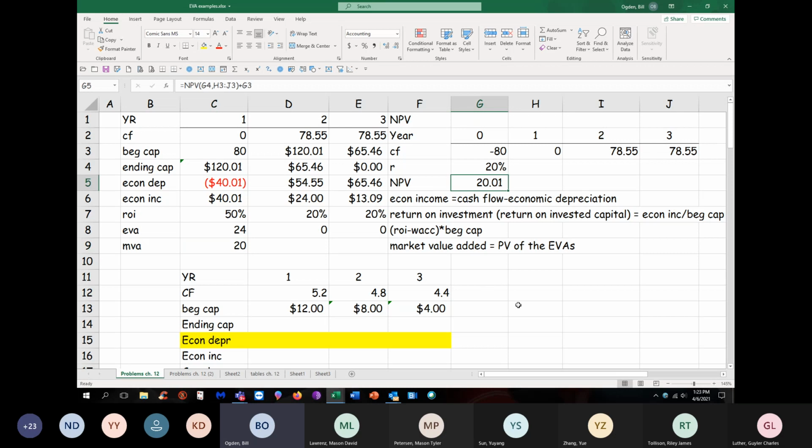Now we will eventually begin working with companies. And that's what this whole unit is about, valuing a company, not just valuing one project, all right?